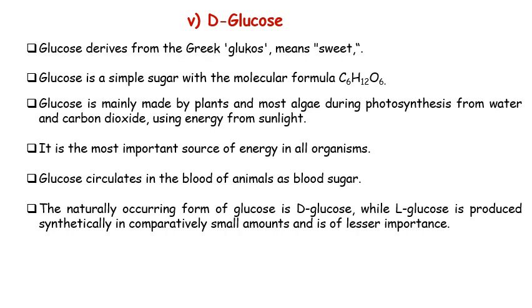The naturally occurring form of glucose is D-glucose, while L-glucose is produced synthetically in comparatively small amounts, and that is why it is of lesser importance compared to D-glucose. The description of D and L we have already discussed in our previous lectures.